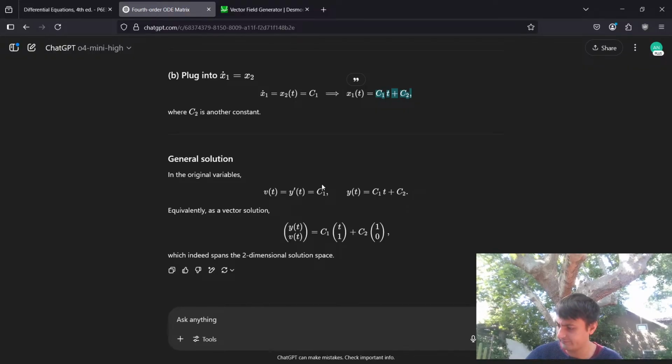So then the vector form... Yeah, t, 1, that makes sense, plus c2 times 1, 0. Yep, okay.